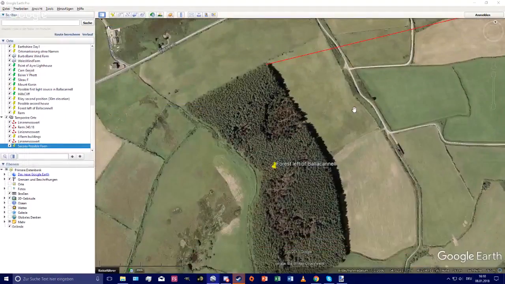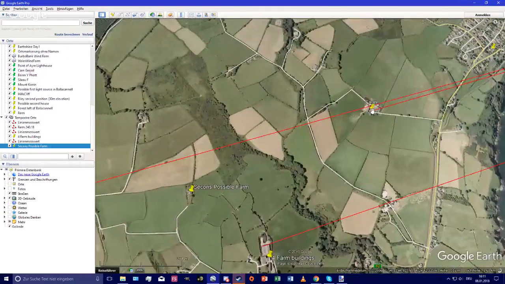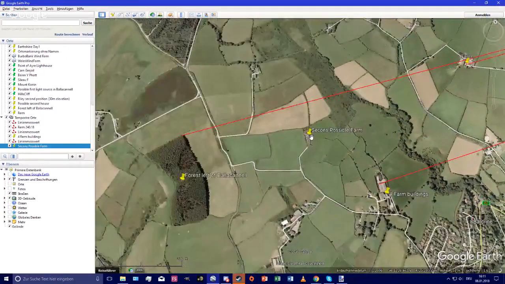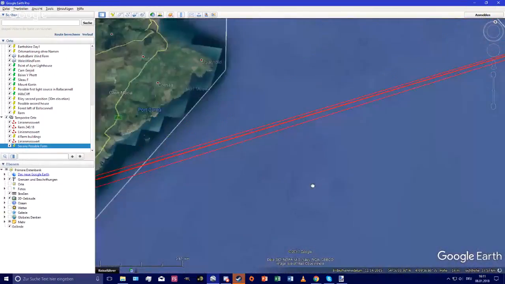When we compare that to the picture, we have this dent in the trees, this hole, and that is directly above what we suspected to be the farm. But that didn't perfectly match up with this one, but it seems to be matching up with this one over here.